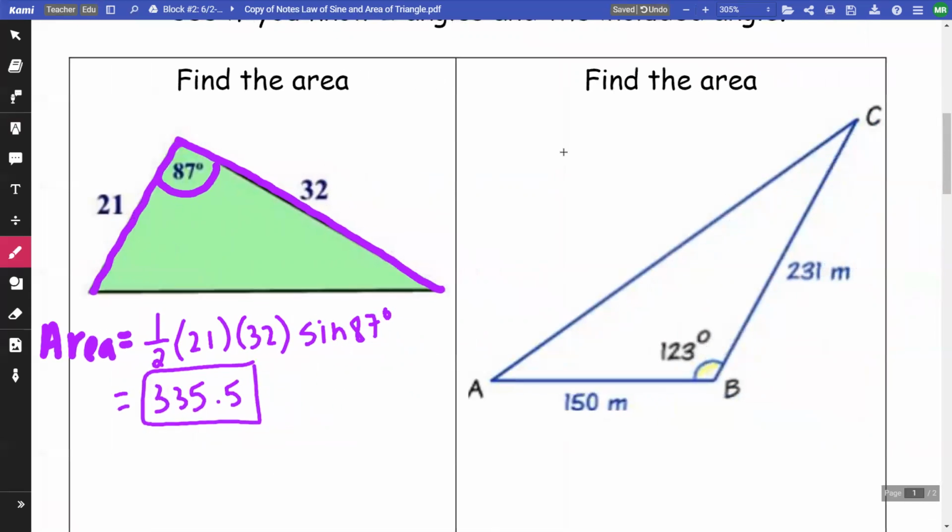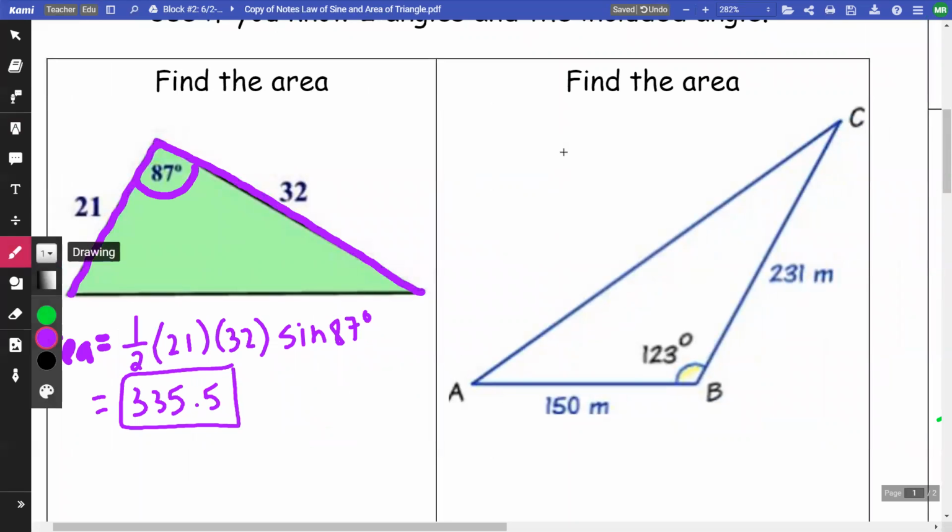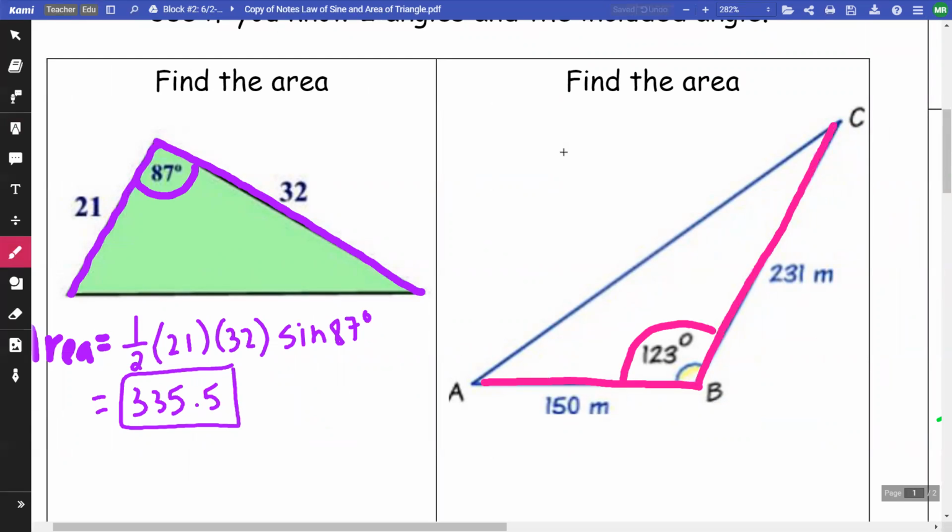Okay, this one here, again, pay attention to what you know. In this one, I know this is 123 degrees, so I know that angle. I know this side, and I know this side. If I know the two sides that form that angle, I can use the formula. So area is equal to 1/2 times my two sides, 150 and 231, times sine of that angle, 123.